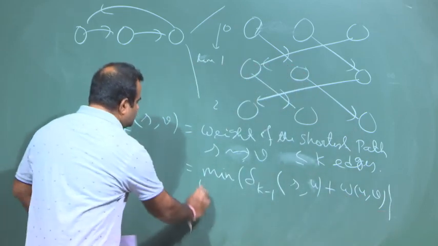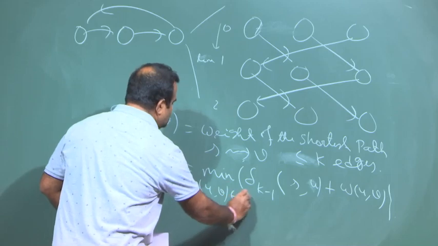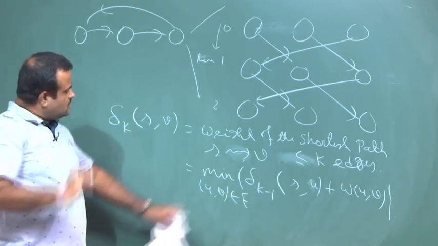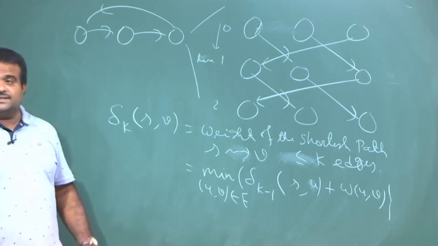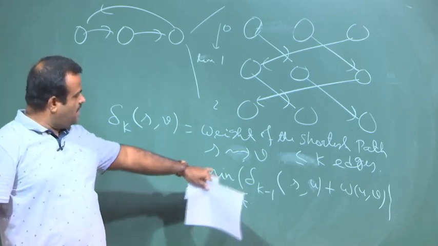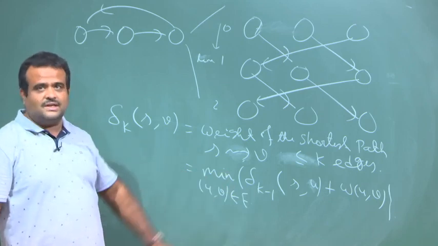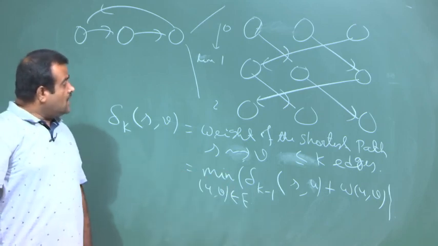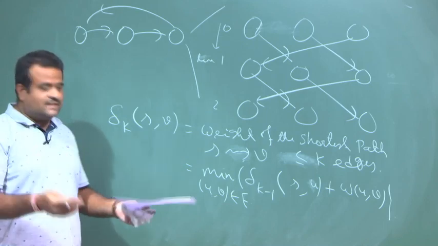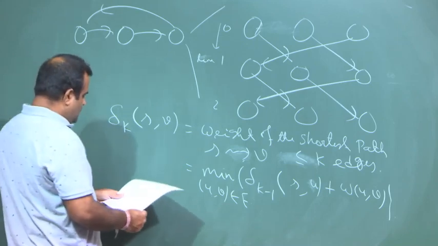This is the recursive formula we use. It is sort of a relaxation step. If you remember the Bellman-Ford algorithm or Dijkstra's algorithm, we have a relaxation step; this is sort of that. Now, what is the number of subproblems? The number of subproblems has increased to order of V squared.